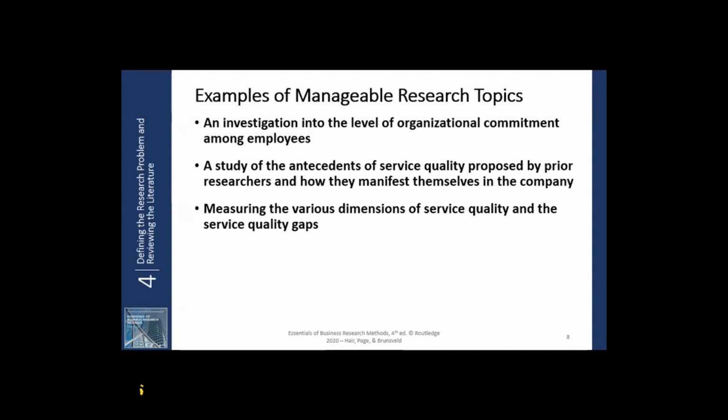That makes it research oriented. One of the roles of research is to investigate. So that's the action word. To investigate, or to examine, to assess, evaluate, etc. Into the level of organizational commitment among employees.